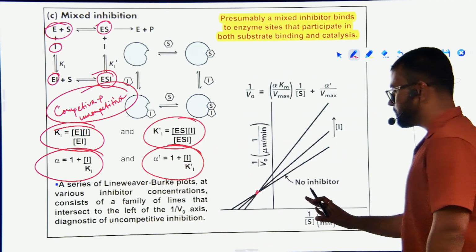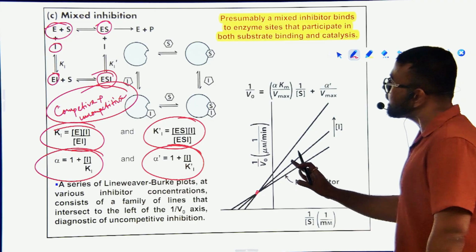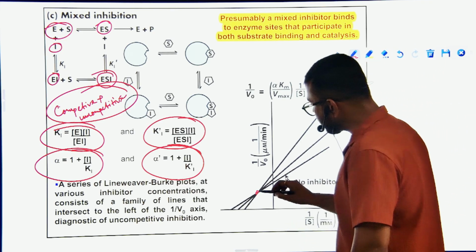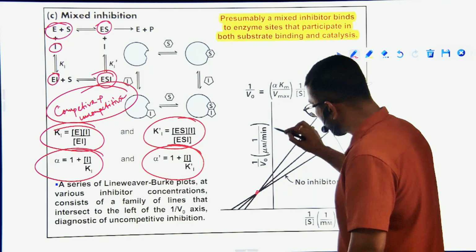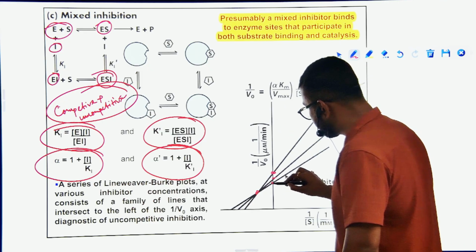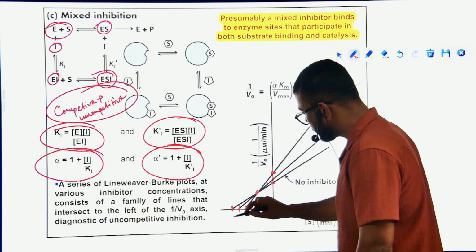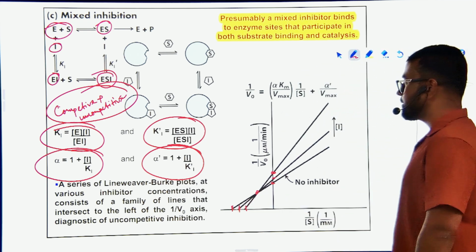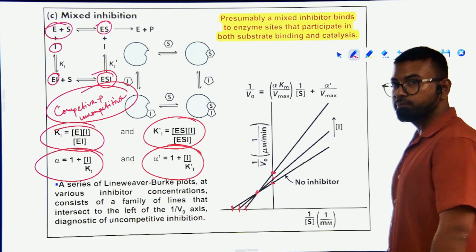It may seem like a typical competitive inhibition graph, but we must observe the intercepts, with regard to the x-axis as well as the y-axis. That is how we can solve the problem.